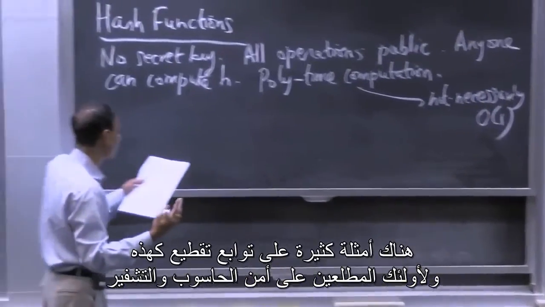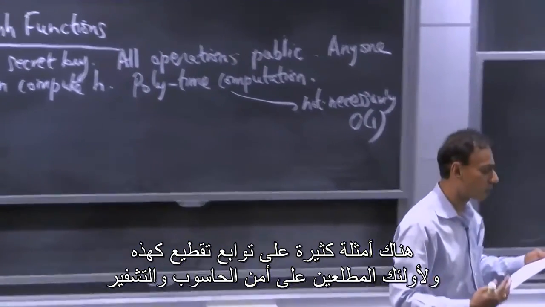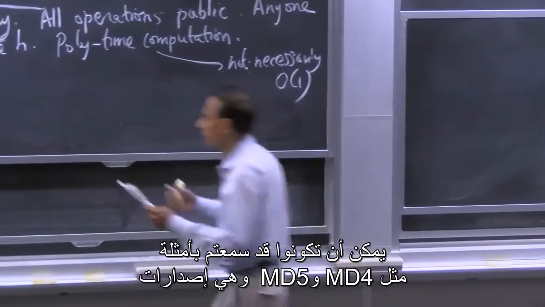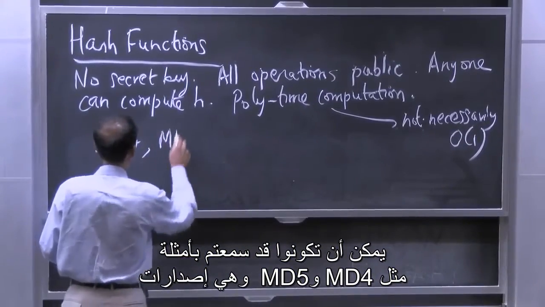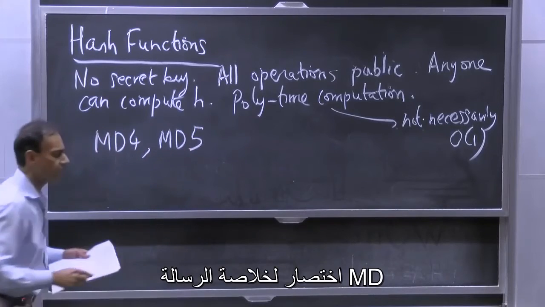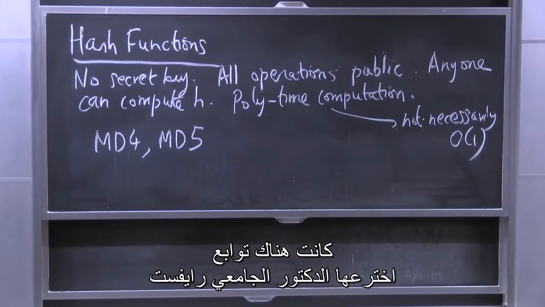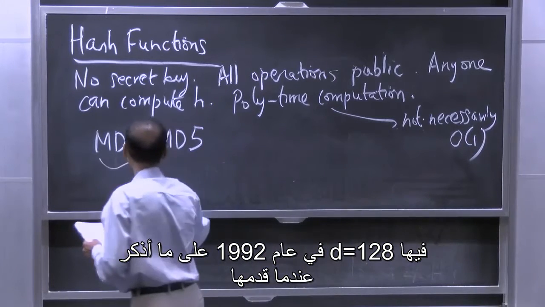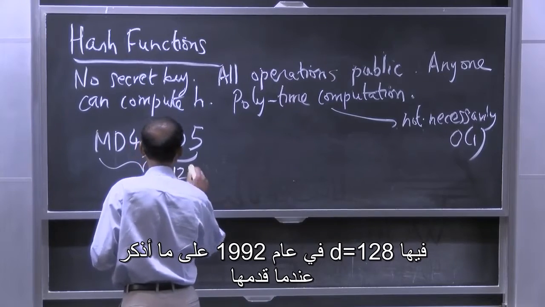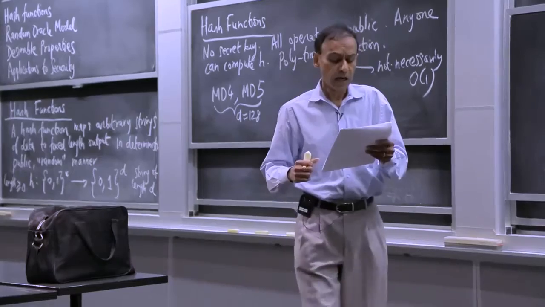And there's lots of examples of these hash functions. For those of you who are into computer security and cryptography already, you might have heard of examples like MD4 and MD5. MD stands for Message Digest. These were functions that were invented by Professor Rivest. They had d equals 128 way back when, in 1992, if I recall, when they were proposed.